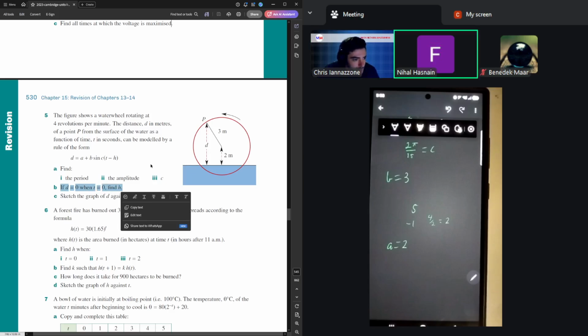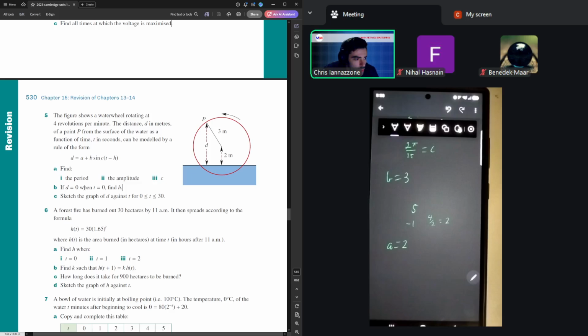Okay, so wouldn't H be 0 because it's a sine function? Sine starts at a mid-level. It doesn't start at... as in, are you saying like because there's the point 0, 0?